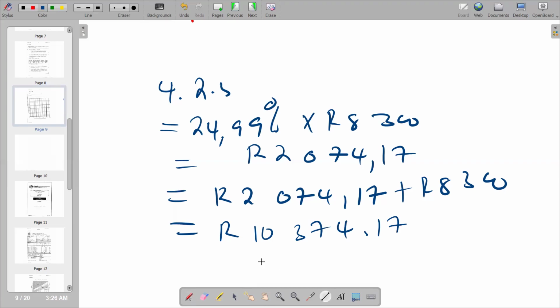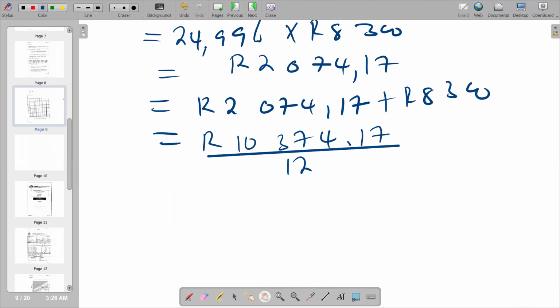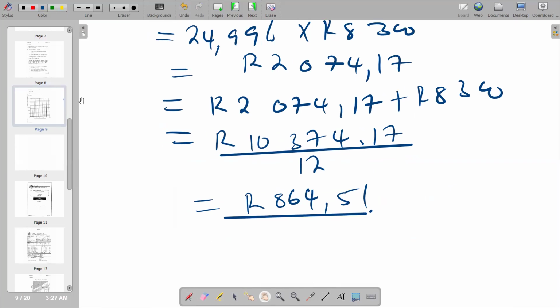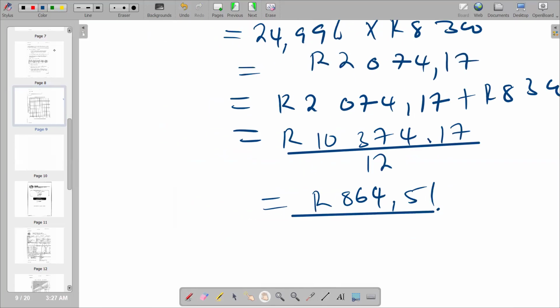And then the answer that we got there, we divide by 12, so that we can get the monthly. If you divide by 12, your answer is 864 rands 51 cents. So this becomes the final monthly installment.